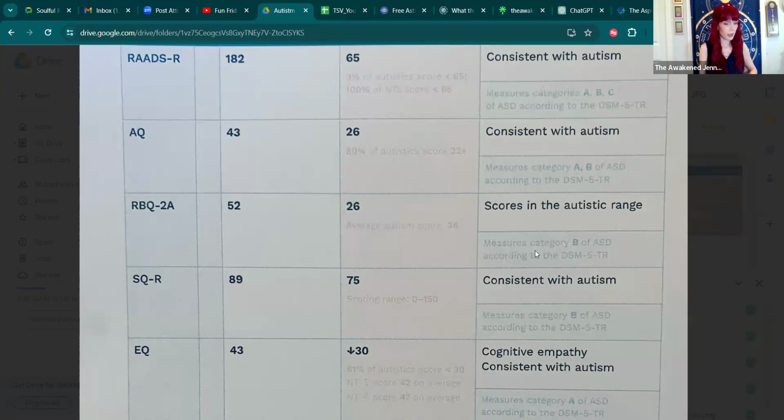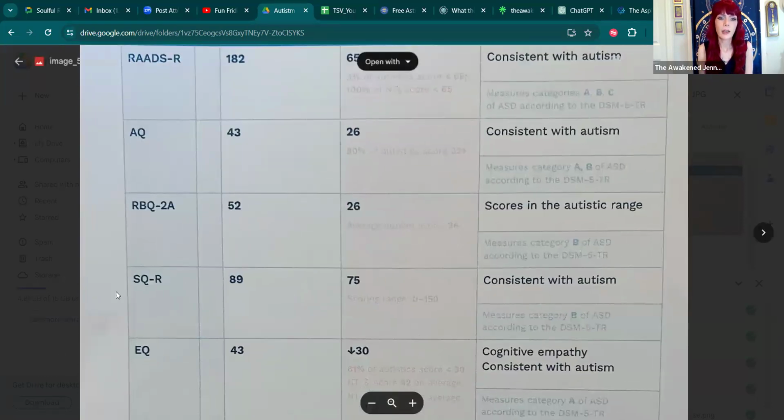That also can come in with the OCD. So I've got 52 as my score, and 26 is the threshold. The average for autistic people is 36. The SQ-R. Probably should have just kept this open.